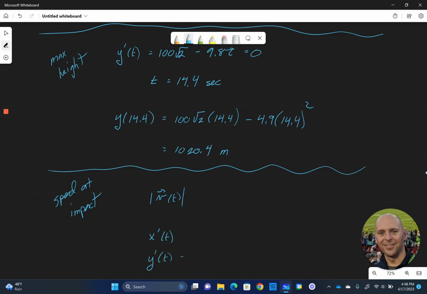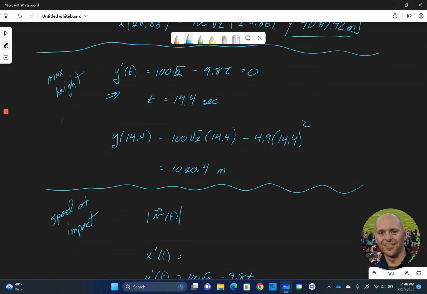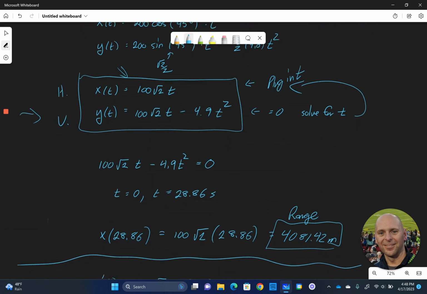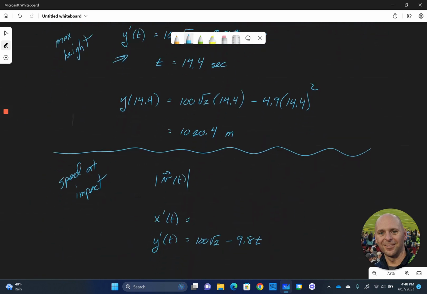Fortunately, we've already found y prime of t. That was up here. So it is just 100 square root 2 minus 9.8t. And x prime of t is just the derivative here, which is going to be 100 root 2.